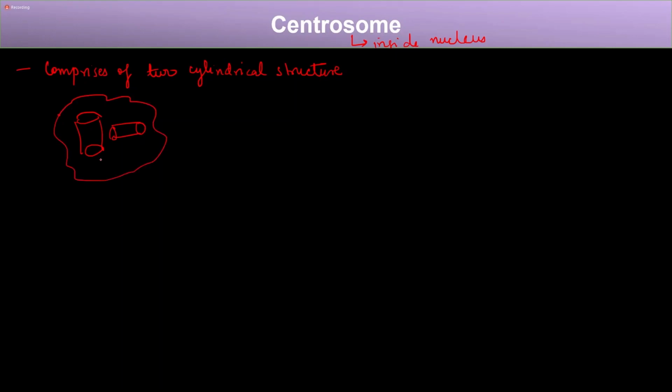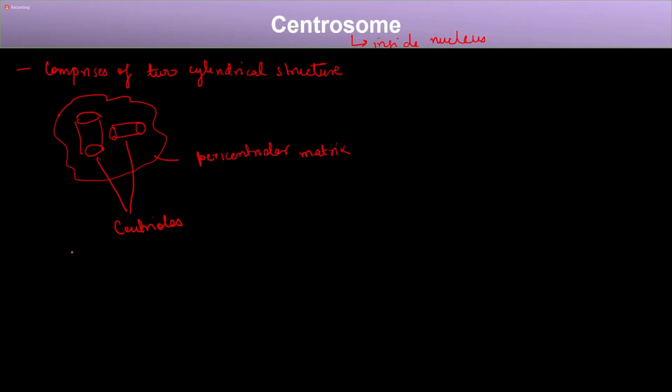Now, what are these two cylindrical structures? These are called centrioles, and they are surrounded by the pericentriolar matrix.